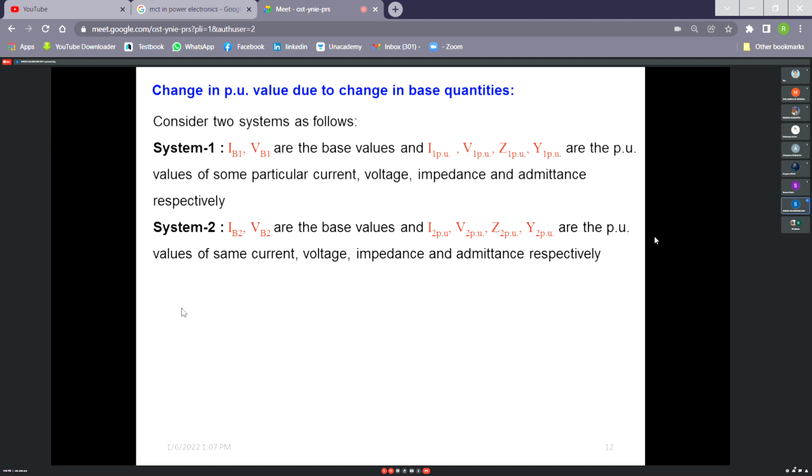Say if we want to calculate per unit values of different parameters of a generator, then we shall take base quantities as the rating of that generator. Similarly, for a transformer, we shall take the rated values of that transformer. But the rated values of the transformer and the generator do not necessarily match.